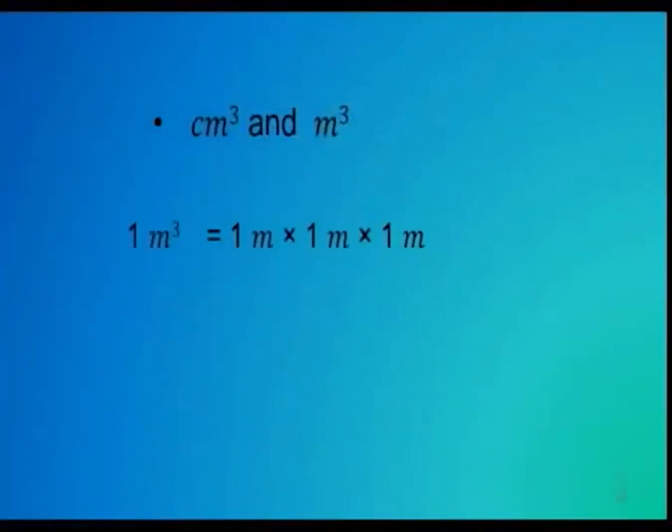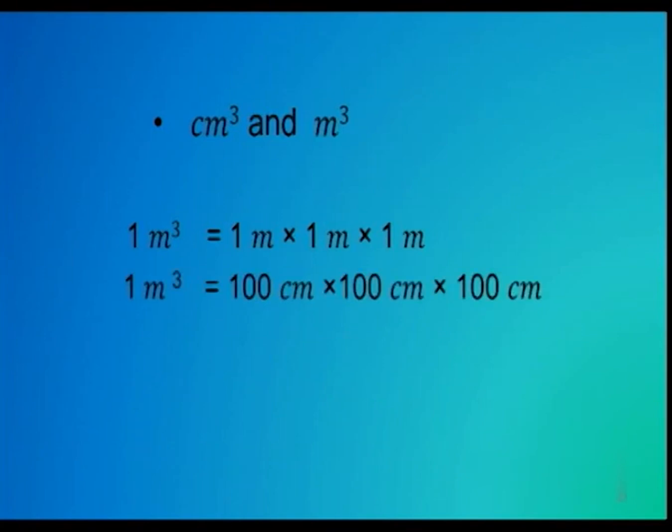1 cubic meter is equal to, we can expand this as 1 meter times 1 meter times 1 meter. Now I am going to convert these meters into centimeters. 1 meter is equal to 100 centimeters.